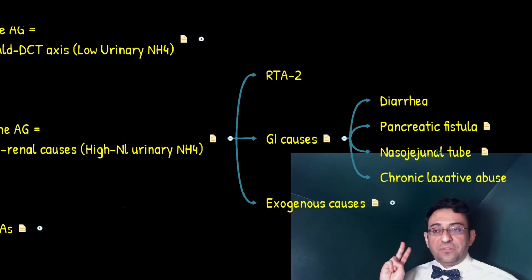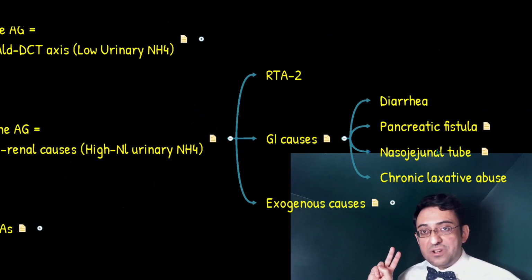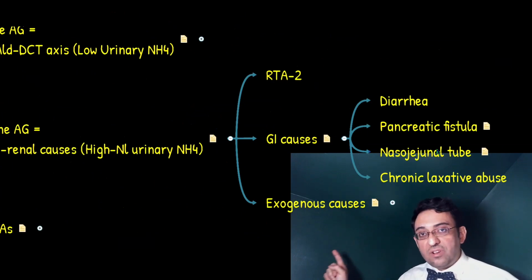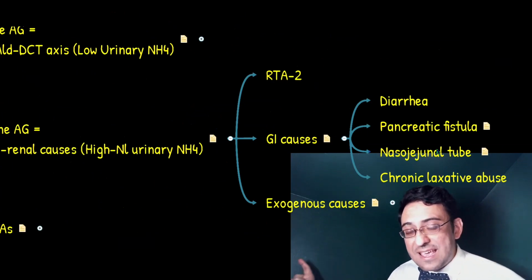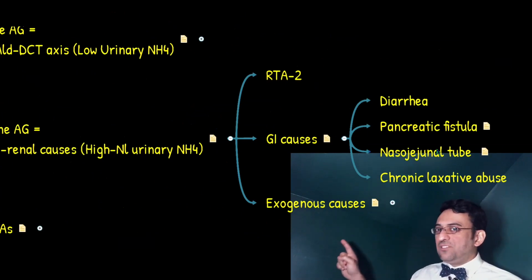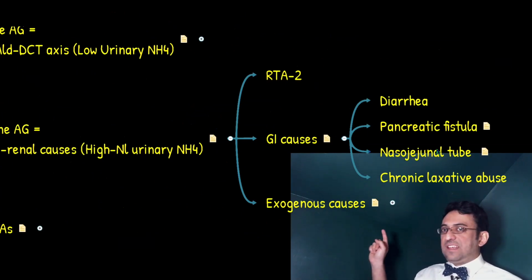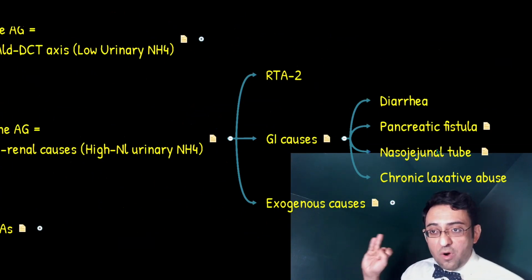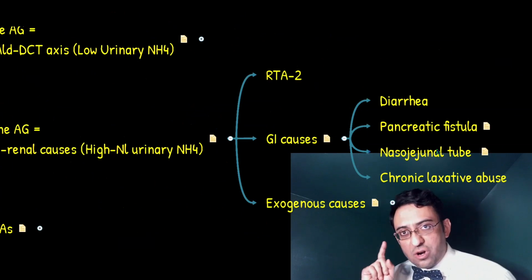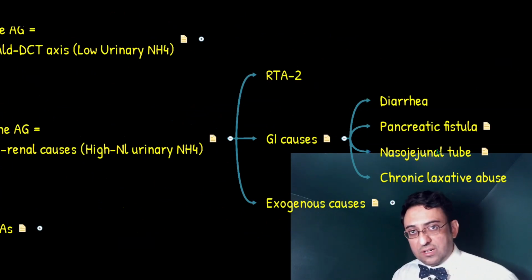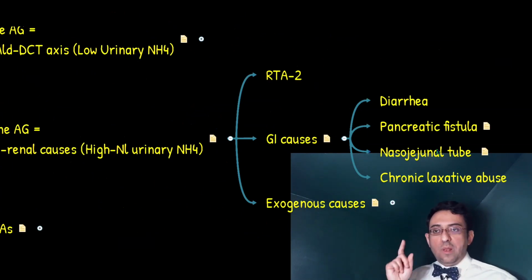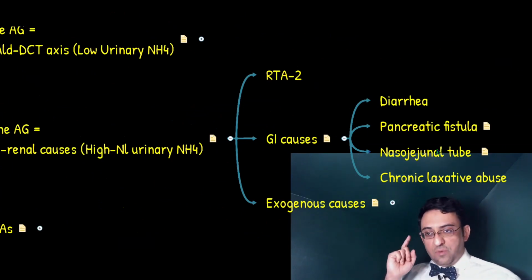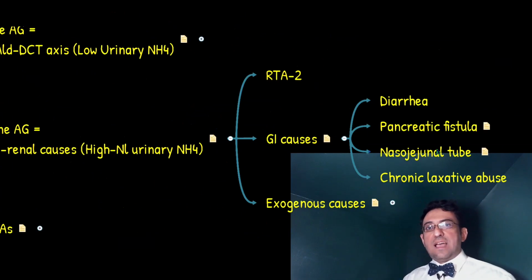And second, the function of the distal nephron anion exchanger is dependent and contingent on the function of H-ATPase. So if H-ATPase is not working, as seen in renal tubular acidosis type 1 and 4, the anion exchanger also would not work. And therefore, we will not have reabsorption of new bicarbonate, and therefore we will have non-anion-gap acidosis.